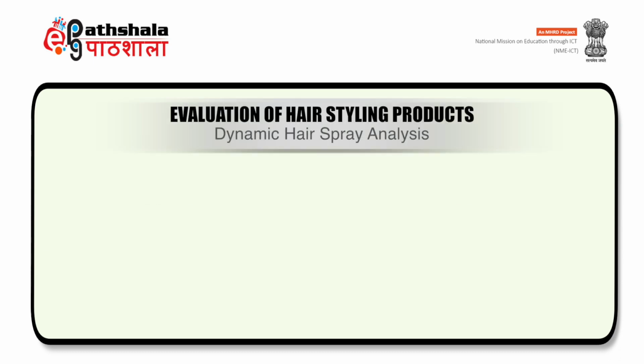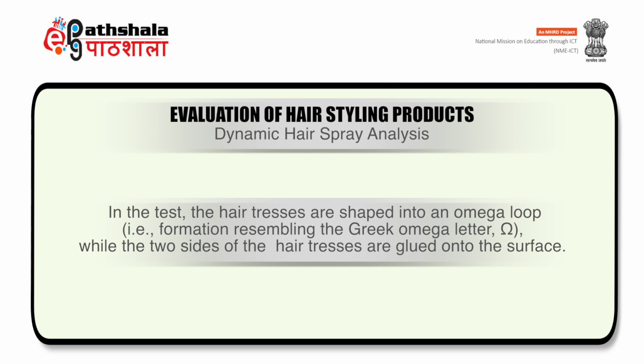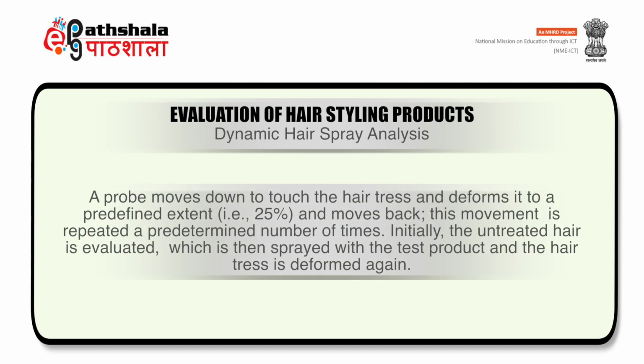Next, dynamic hair spray analysis. This technique generally employs a commercial instrument, the texture analyzer. In the test, the hair traces are shaped into an omega loop while the two sides of hair traces are glued onto the surface. A probe moves down to touch the hair trace and deforms it to a predefined extent and moves back. This movement is repeated a predetermined number of times.